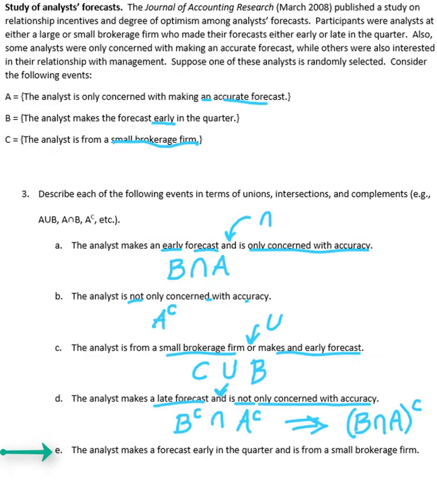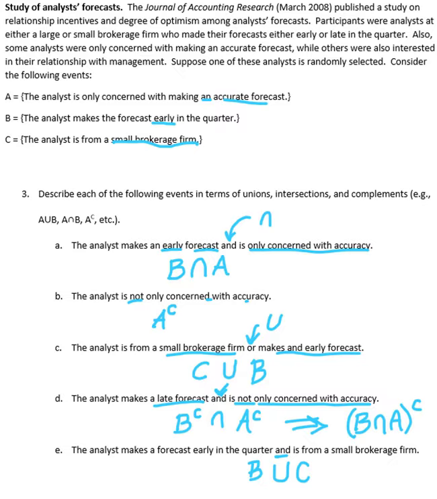So we have that word and, that's going to be intersection. We have early forecast, that was event B. And small brokerage firm, that's event C. So B intersect C.